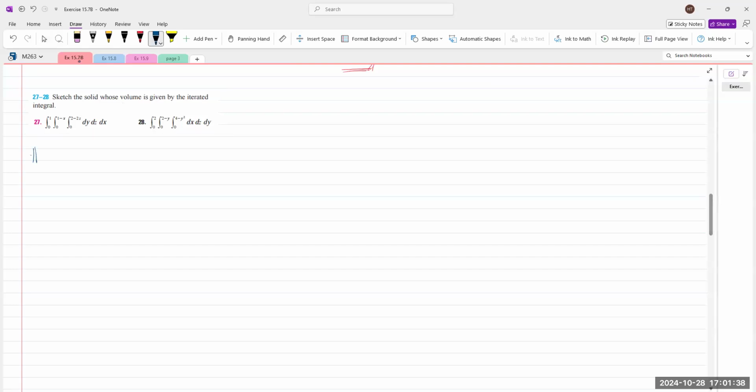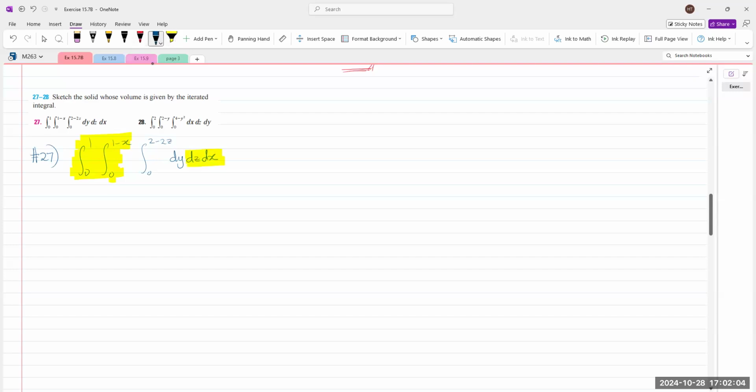Number 27, integral from 0 to 1, integral from 0 to 1 minus x, integral from 0 to 2 minus 2z, dy dz dx. Let's take the outer two integrals first, which I usually call the domain of integration, which we express as a double integral.